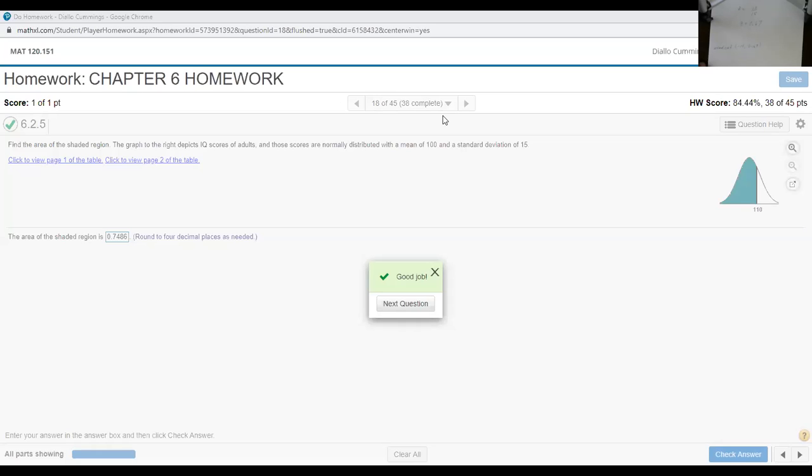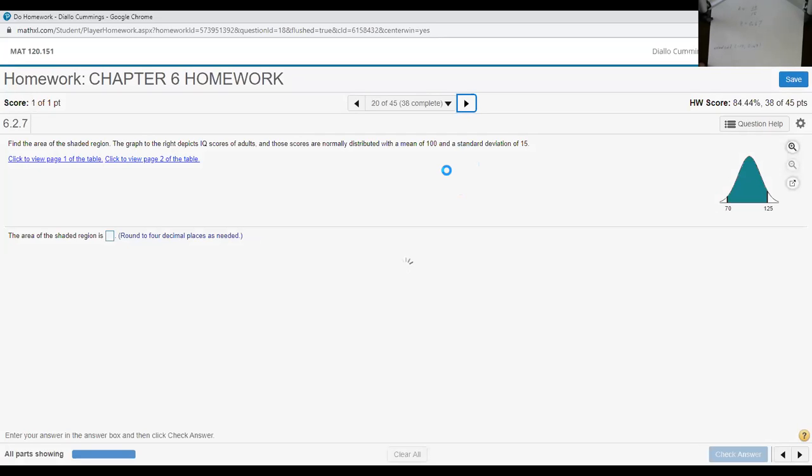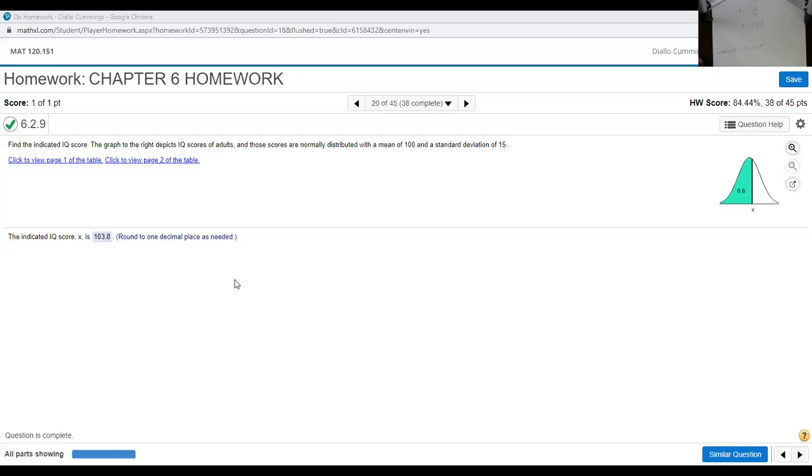We'll also take a look at problem number 20. All right, so in problem number 20, we're asked to, once again, find the indicated IQ score.